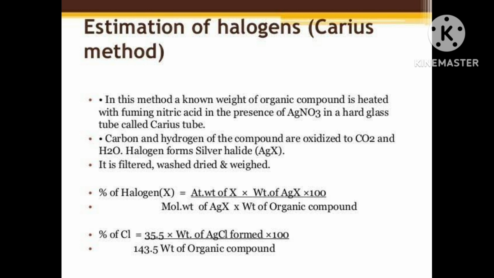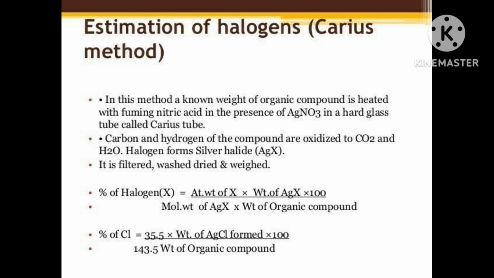The first step is that you calculate the amount of the element, and the second step is the percentage. For percentage you require the quantity of organic compound taken, and then you convert it to 100.